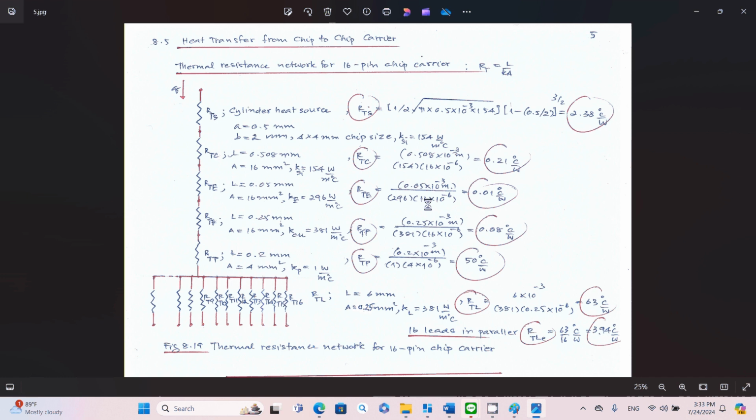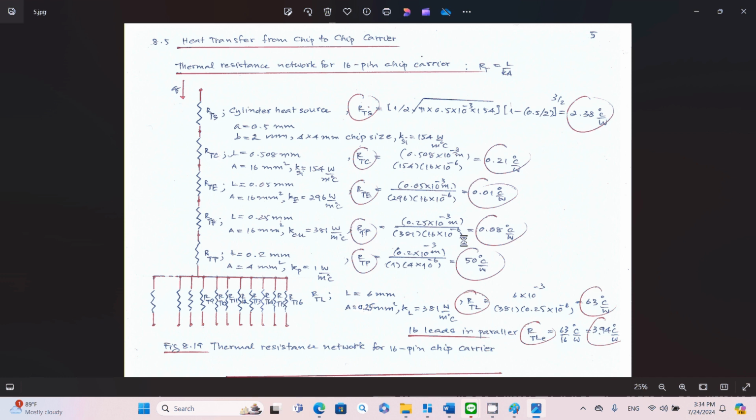For the eutectic, the thermal conductivity is very high, but since it is very thin, only 0.05 millimeter thick, the RT of the eutectic bond is not so high. It's only 0.01 degrees Celsius per watt.